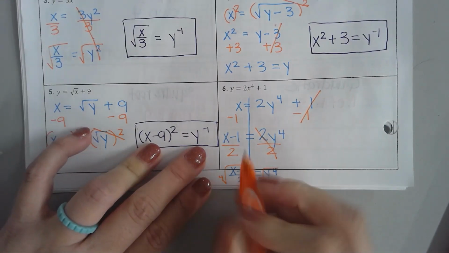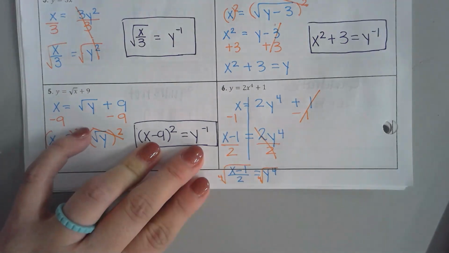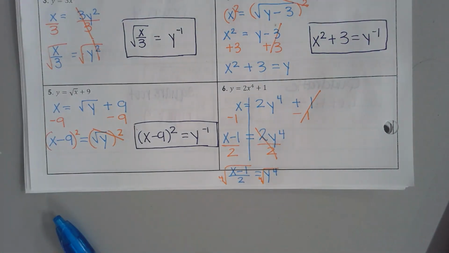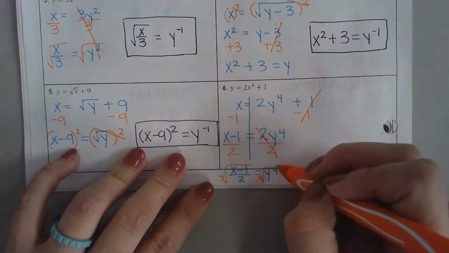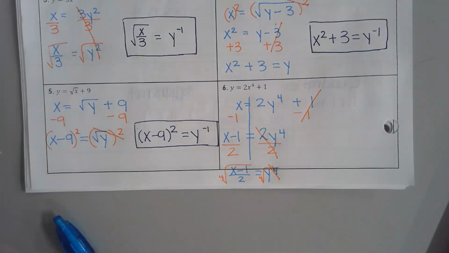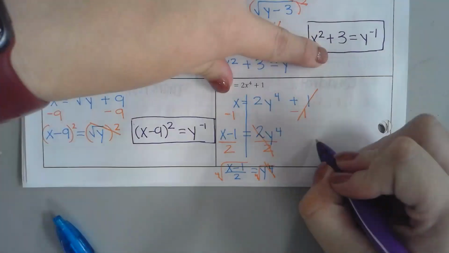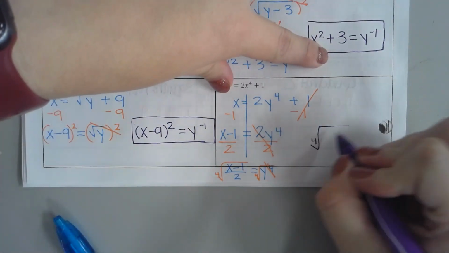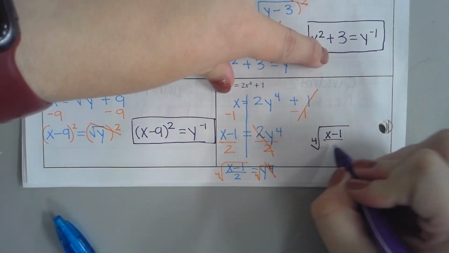So just right there, the beginning of your symbol, that means the 4th root. Yep. So now my 4th root and my exponent of 4 cancel, and my answer is the 4th root of x minus 1 over 2.